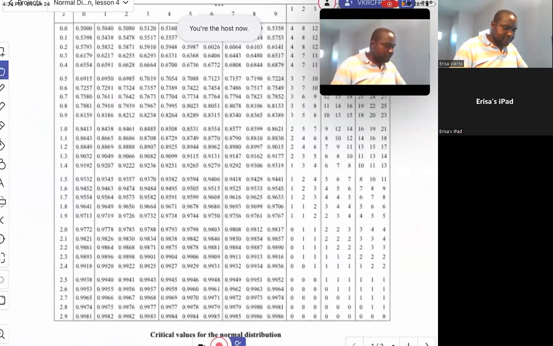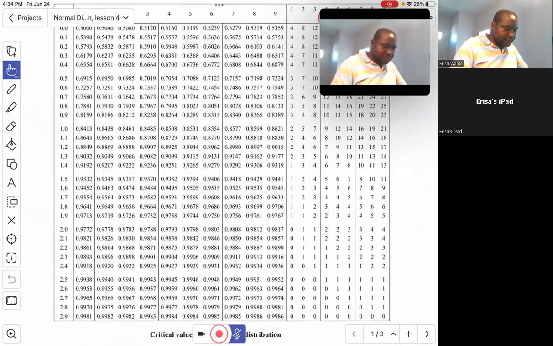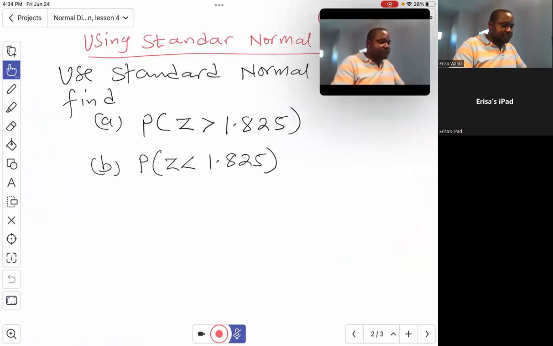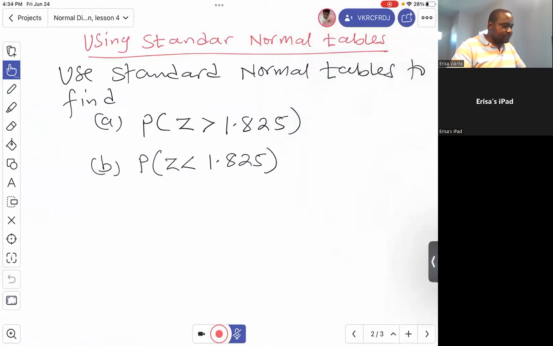It is about using the standard normal tables: use the standard normal tables to find the probability of Z more than 1.825. So what we do, first of all, is understand the inequality they are using here.